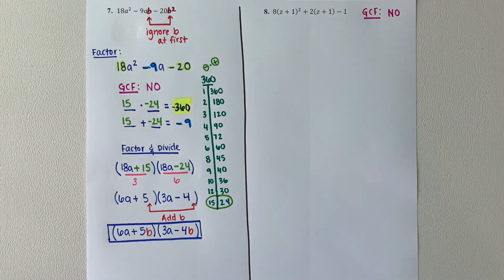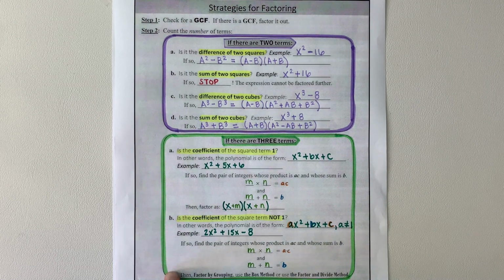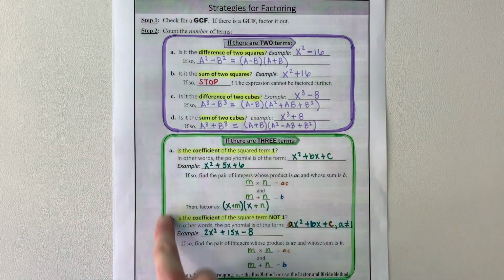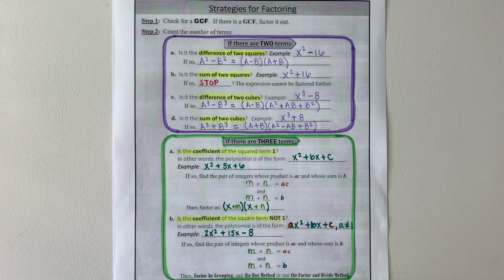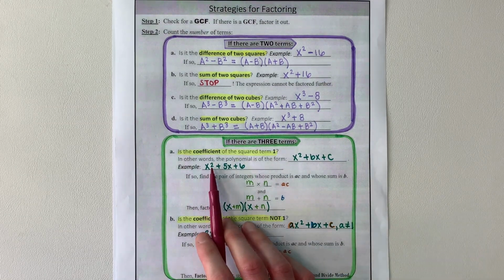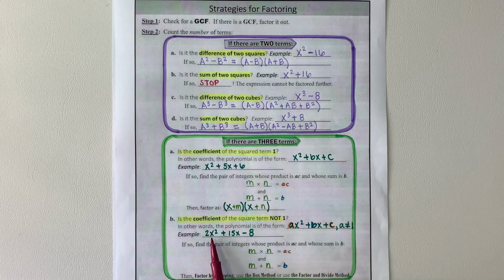This problem involves 3 terms. For problems involving 3 terms, we follow the instructions in this green box here. But our problem looks more complicated. Typically for problems involving 3 terms, we have an x squared term, an x in the middle, and a constant. Here again, we have an x squared, an x in the middle, and a constant.